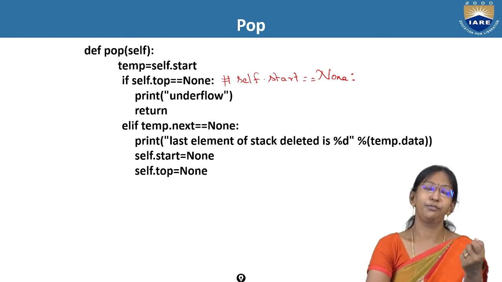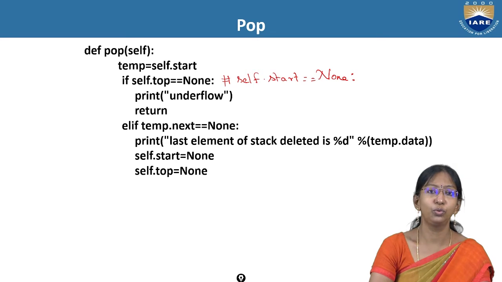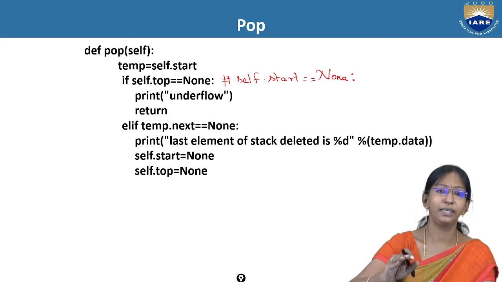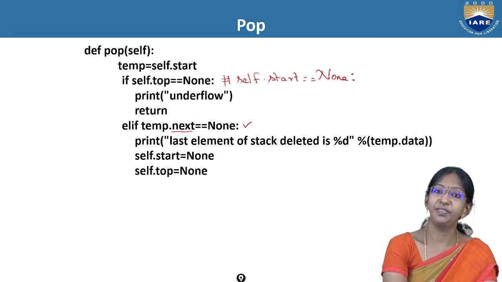If you talk in terms of arrays, it is an element at the 0th index, right? We have to know that point in the case of linked lists. Very simple: check whether the first node's next part is None. The next part is always meant to hold the address of the next node. If that is filled with None, what does that mean?